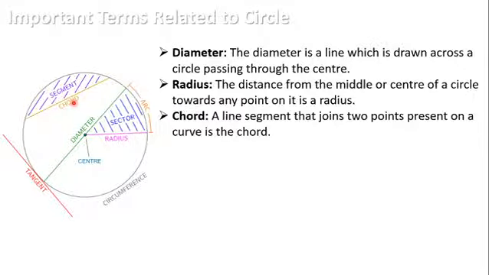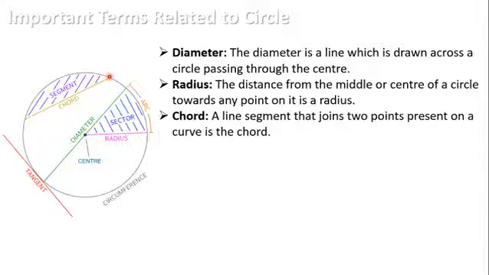Now, if this line passed through the center of the circle, it would be a diameter. But now it didn't pass through the center, so it is a chord. If you have a line from one part of the circumference to another part of the circumference without passing through the center, then that line is called a chord.